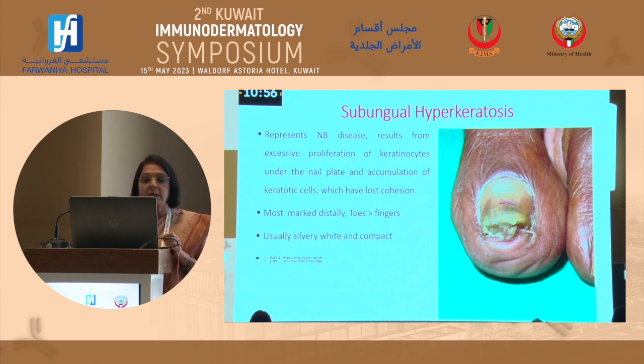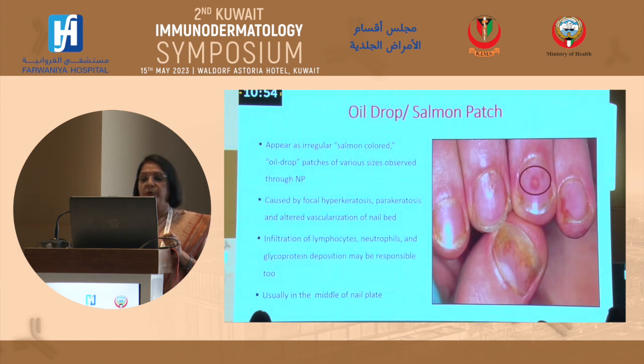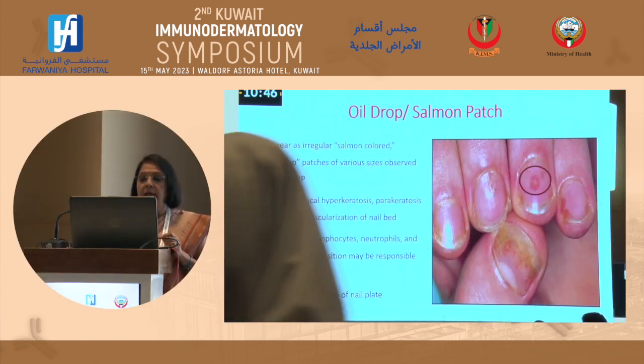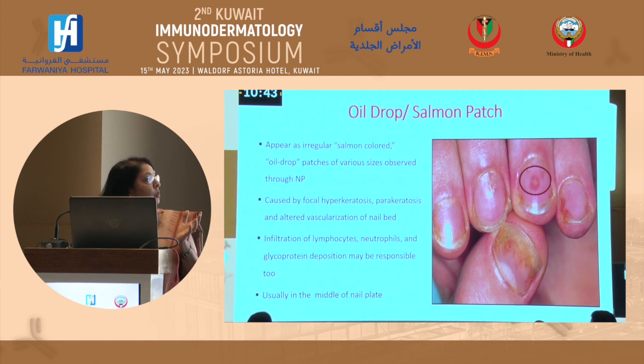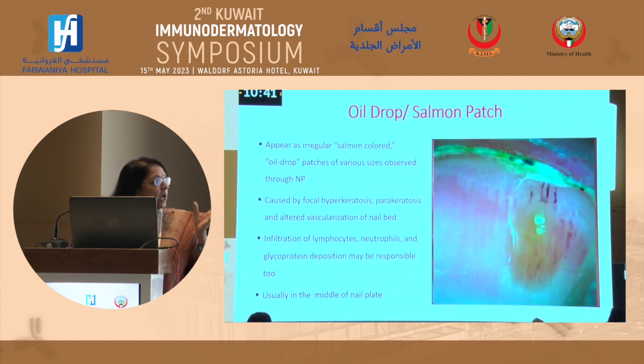Oil drop or salmon patch are because of the glycoprotein deposition. You can see it on the fourth finger, and on the ring finger, while on dermoscopy, it becomes very apparent as a yellowish deposit which is ill-defined. And you can also see these linearly arranged splinter hemorrhages.